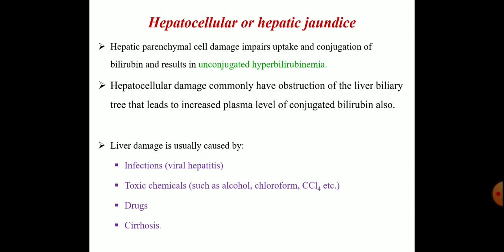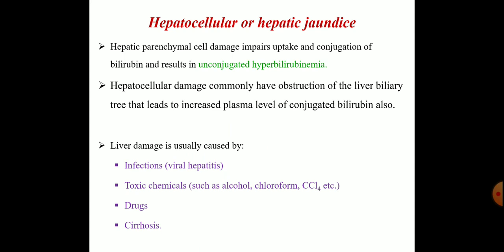Then the second one, that is hepatocellular or hepatic jaundice. Hepatic parenchymal cell damage impedes the uptake and conjugation of bilirubin and results in unconjugated hyperbilirubinemia. Hepatocellular damage commonly has obstruction of the liver biliary tree that leads to increased plasma levels of conjugated bilirubin also.